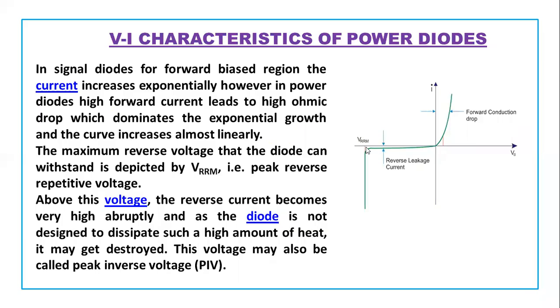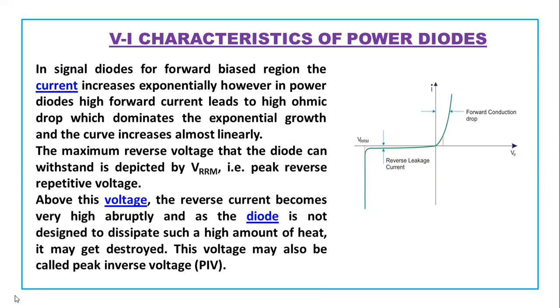Now let's see the VI characteristics of the power diode. We have the voltage here and the current here. When the anode is positive with respect to the cathode, the diode is said to be forward biased. You know that.